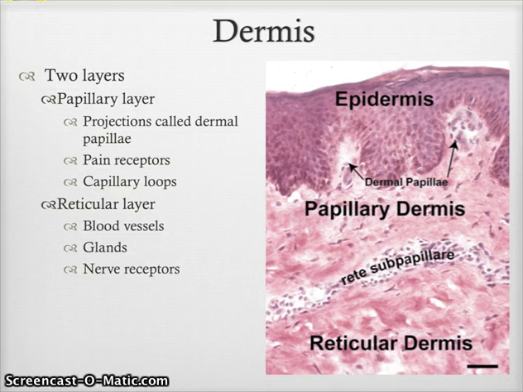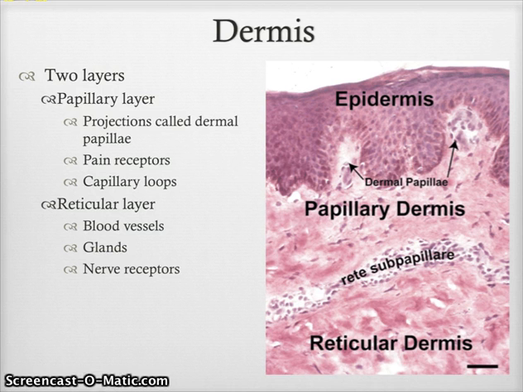This is also where we see capillaries, which again is going to come back to that ability of nutrients and waste to diffuse to and from the epidermis while the stratum basale is actively dividing. And then in the reticular layer and going into the hypodermis is where we see the actual capillaries and vessels coming in. That's where they get supplied.